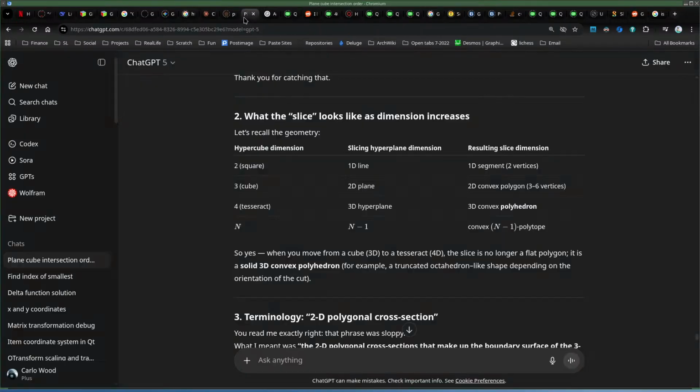So the word polyhedron already implies that it is 3D. That's kind of confusing then to put a 3D in front of it. It is a 3D convex polytope, aka a polyhedron, a convex polyhedron. You have to keep adding convex, I think.